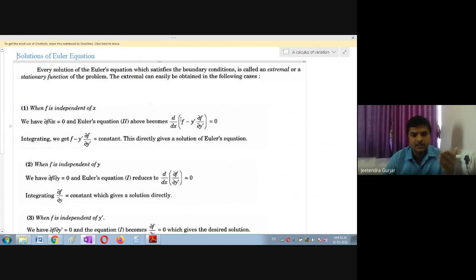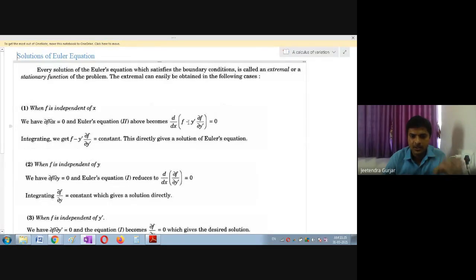Then the next step is what? Just integrate. You see, d upon dx will go. So this is equal to constant. Therefore, this directly gives the solution of Euler's equation. So this is a direct method, friends. When f is independent of x, in short, there will be no x value inside d upon dx.